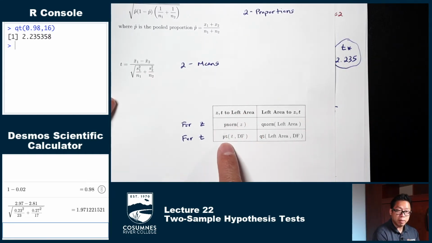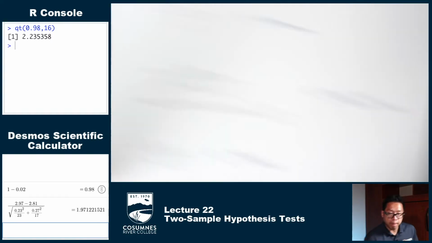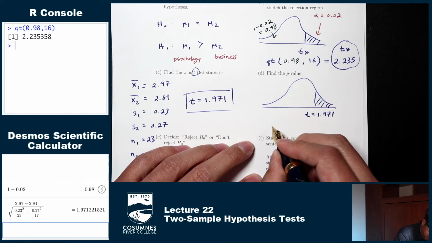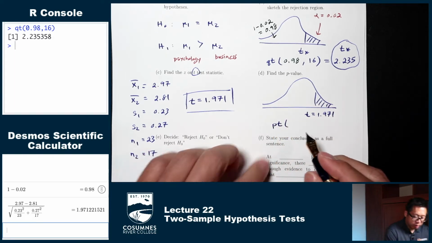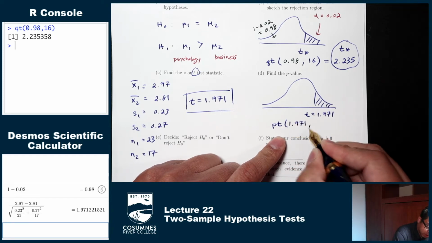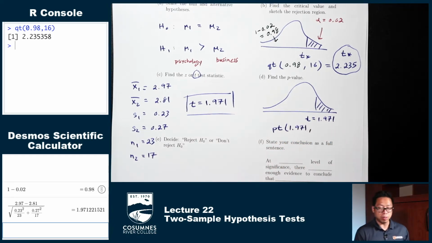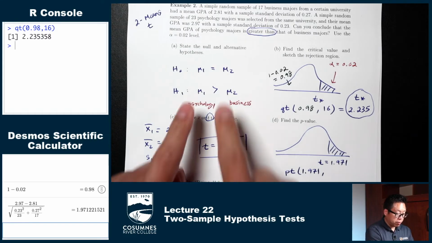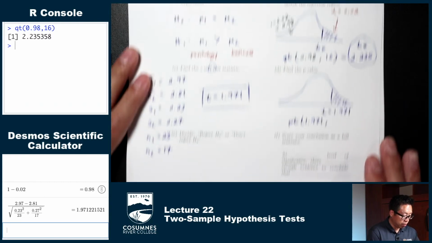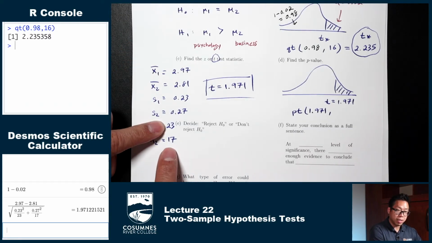So we're going to do pt. The t, which is 1.971, comma, df, degrees of freedom. Just like in part B, if we have two samples, you're going to use the smaller sample size. Our sample sizes are 23 and 17.